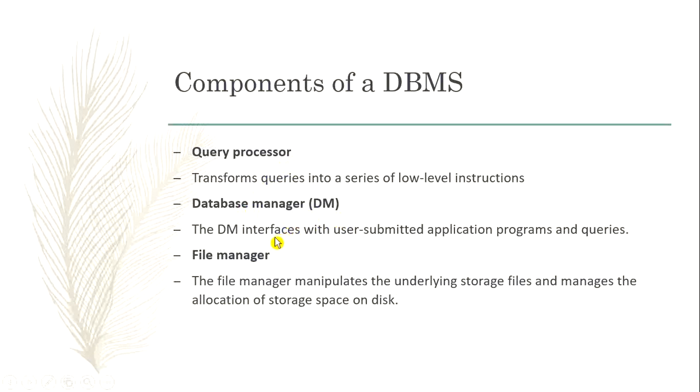The Database Manager interfaces with user-submitted application programs and queries. So the Database Manager receives the query and checks which records are required from the conceptual schema, and then it transfers the request to the File Manager. The File Manager manipulates the underlying storage files and manages the allocation of storage space on disk.